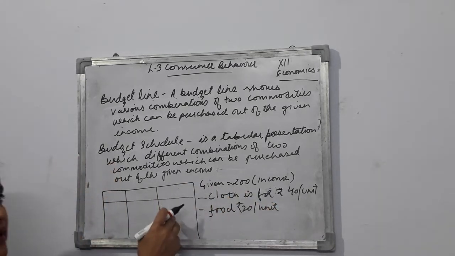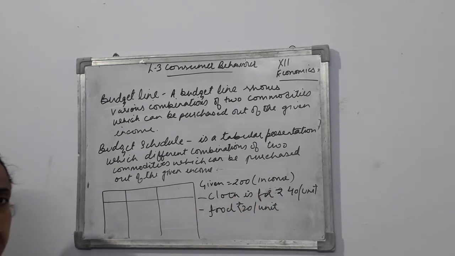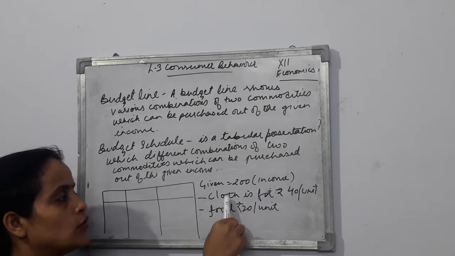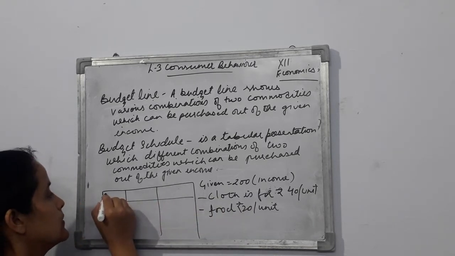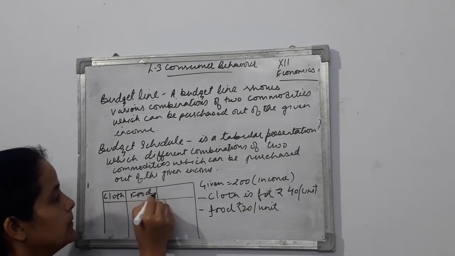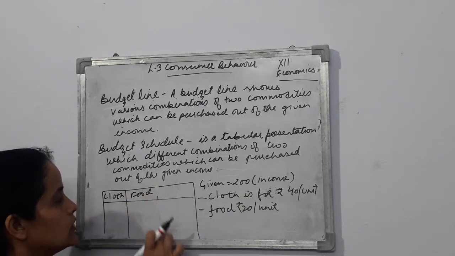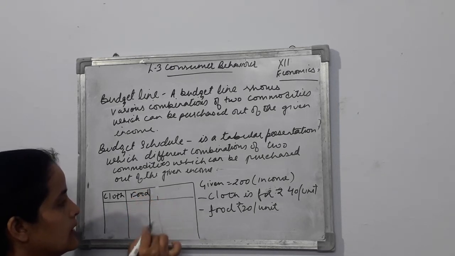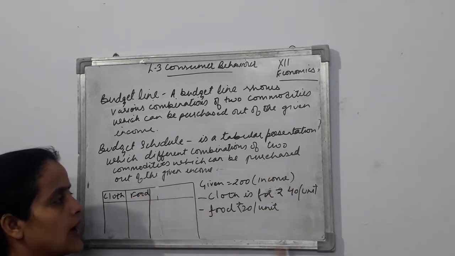Now, before I make this schedule, these are the things you are going to keep in your mind. You have the income of ₹200. You have two products, cloth and food, and the budget you have is ₹200.